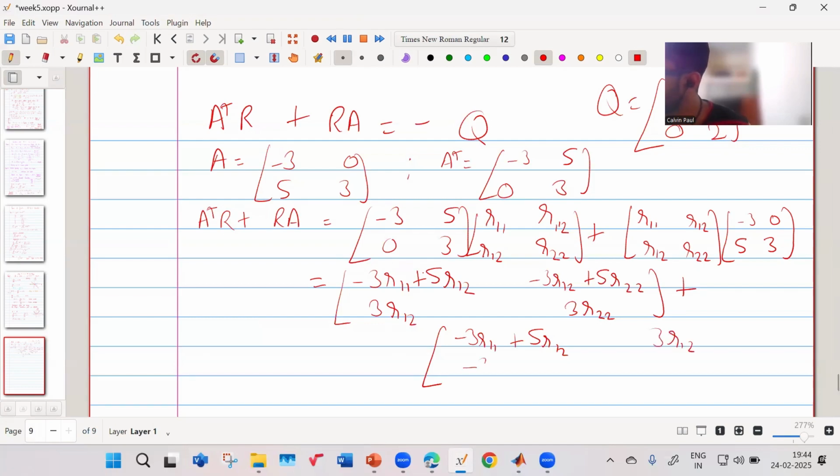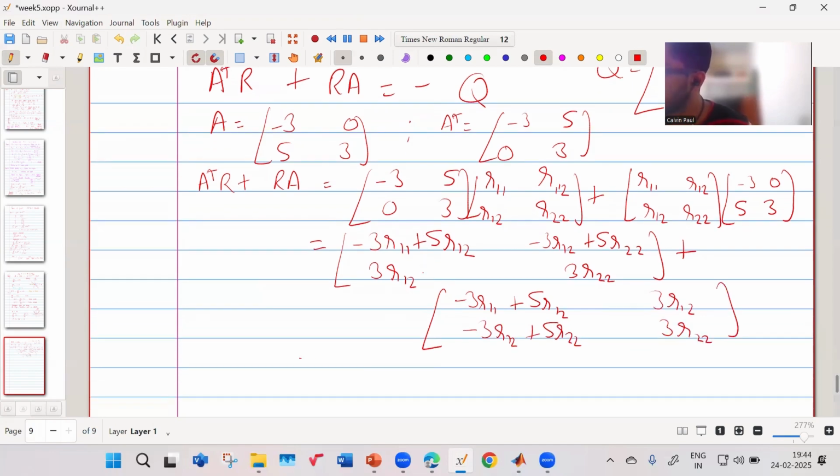This will be minus 3 R12 plus 5 R22, and this will be 3 R22. So when we add it, it will become minus 6 R11 plus 10 R12, and here 5 R22, here again 5 R22, and here 6 R22.